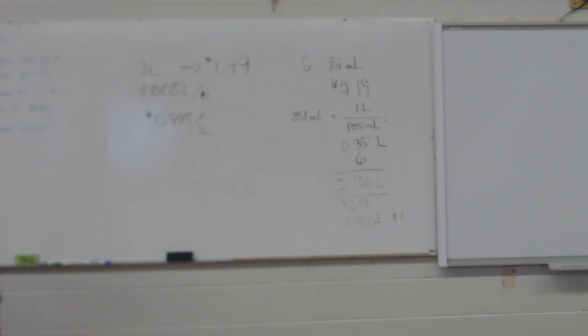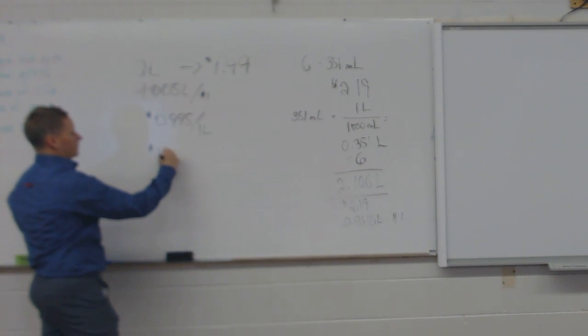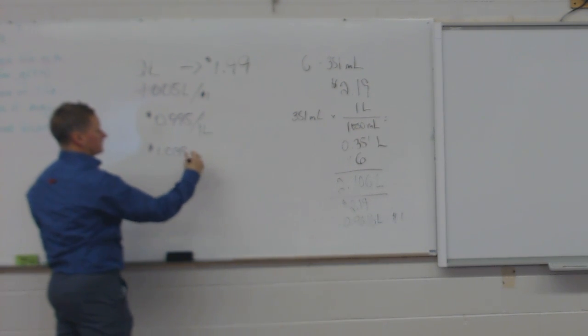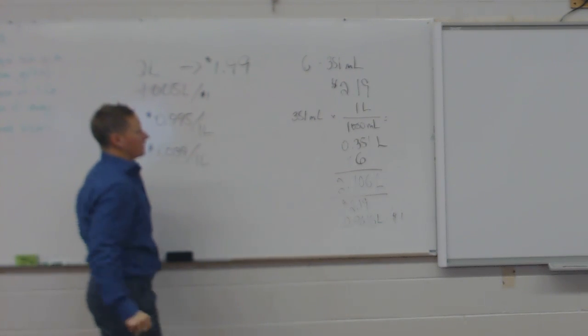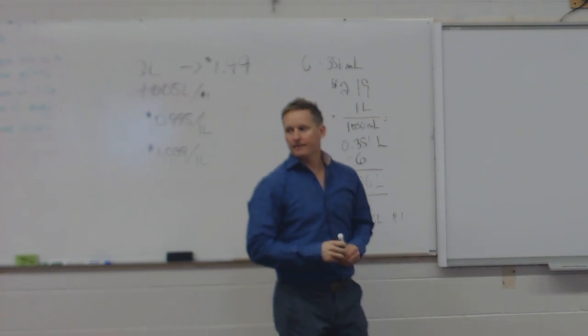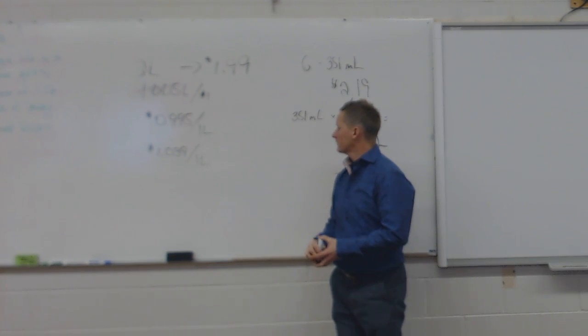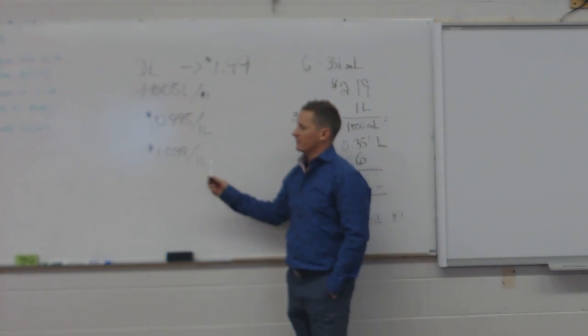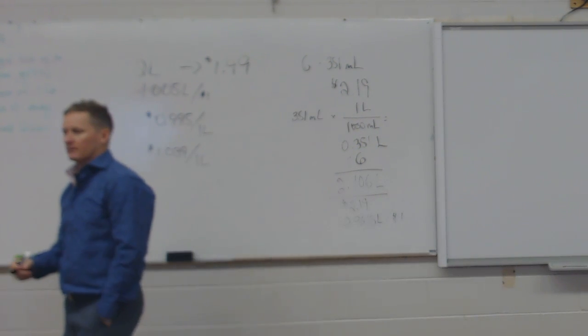So take 2.19 and divide it by 2.106. 1.039 dollars per 1 liter. Okay, so financially speaking, that's the better deal, correct?